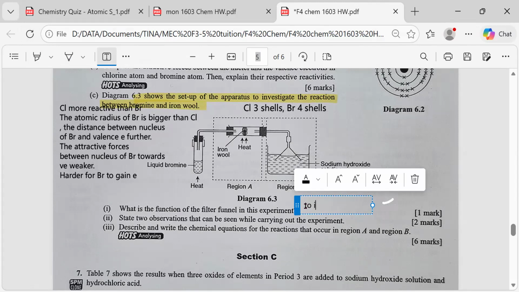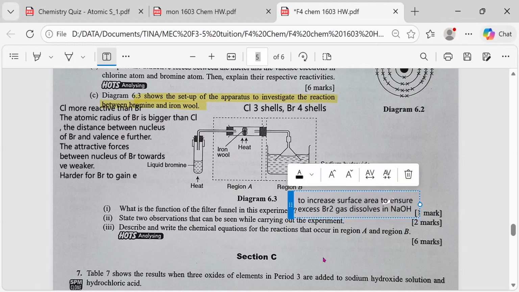To increase surface area to ensure excess bromine gas dissolves in NaOH. You don't want it everywhere. You want it to dissolve inside.